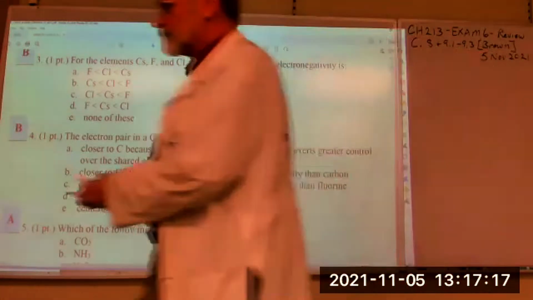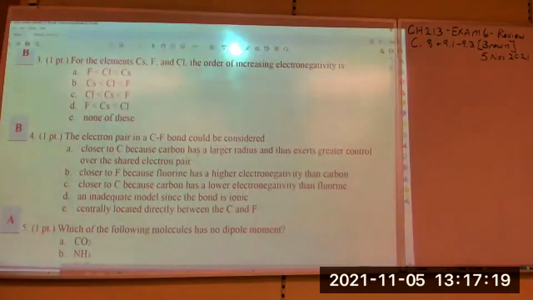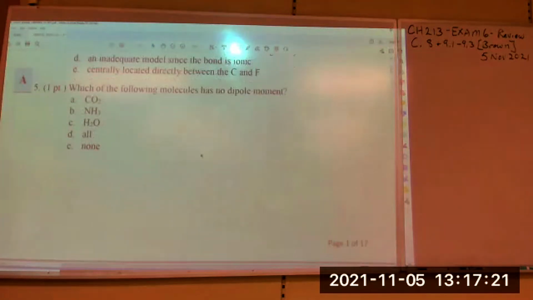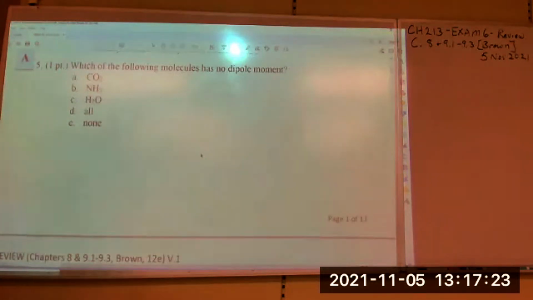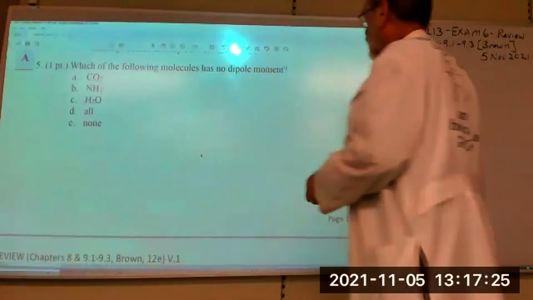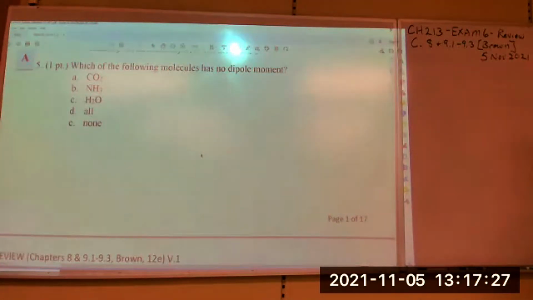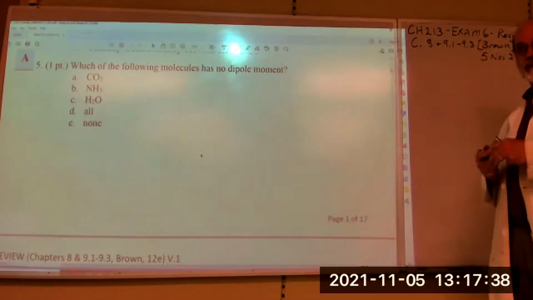All right. Let's see. 5. Which of the following molecules has no dipole moment? What do we need to know to determine, they're talking about polarity.